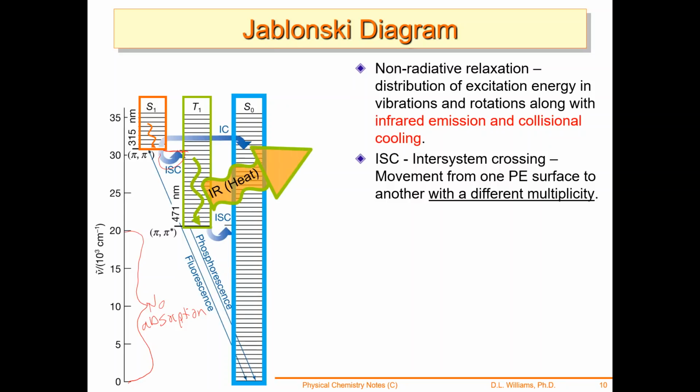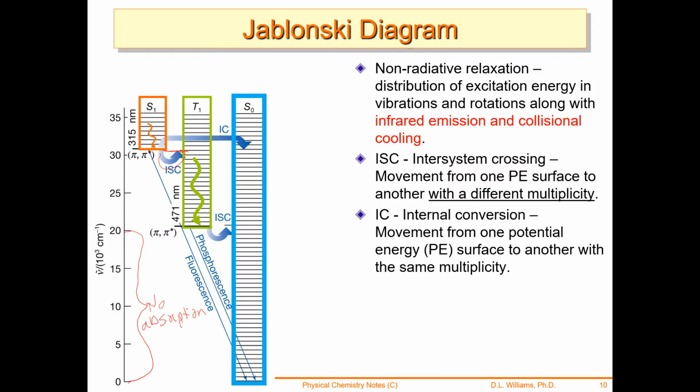And it can rattle down, give off more infrared light, or heat up the sample or the environment around it. And then you can have internal conversion. So it can jump from the singlet 1 to the singlet 0 and end up over here. And you can have that rattle all the way down, and then this one all the way down, and both of those would give off heat.